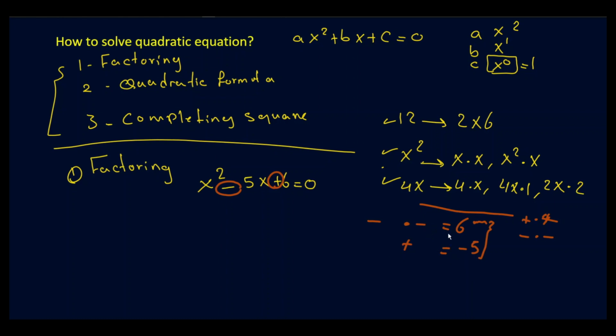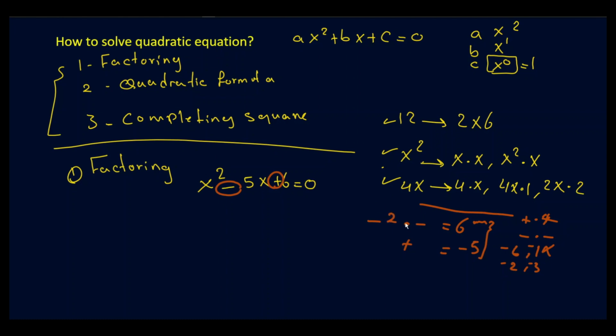Next, let's decide the numbers. What are the factors for 6? We're gonna have 6 and 1, and 2 and 3. Okay, we already decided the signs. So we're gonna have negative 6 and negative 1. Is negative 6 plus negative 1 equal to negative 5? Absolutely no. But negative 2 times negative 3 is equal to 6, and their sum will be equal to negative 5.